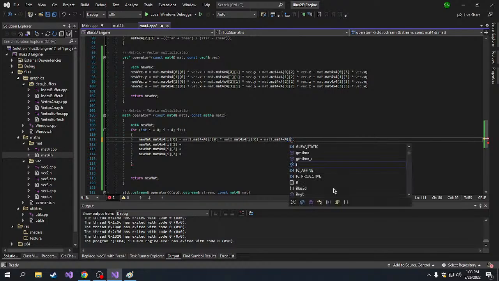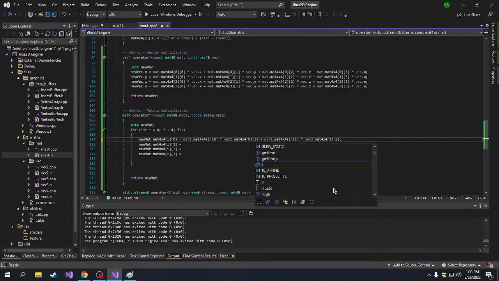I will do first row second data, multiply that with the second row first data, so mat2 times second row, second row first data. Okay, cool. Yeah, this is first row first data. It's confusing as hell, man.